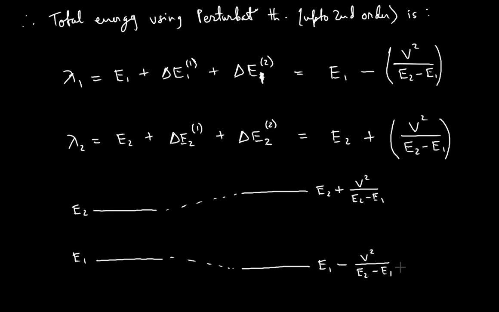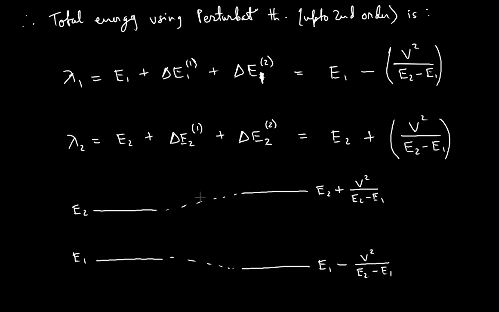So what do you see the effect of perturbation theory is? Basically each level shifts by an equal amount, and in the opposite direction. As a result of perturbation theory, the two levels repel each other.